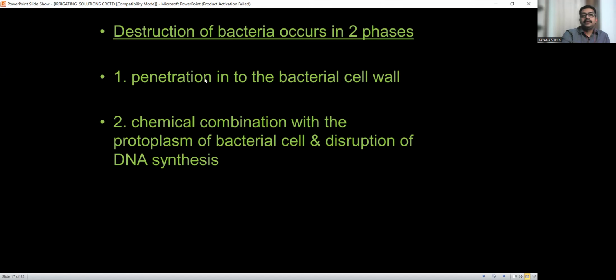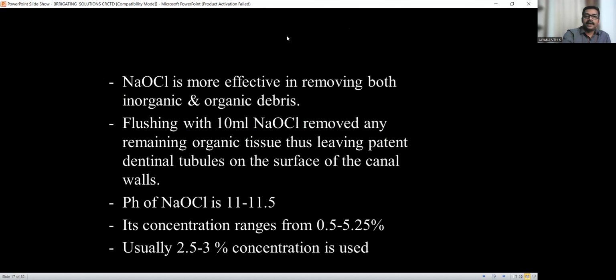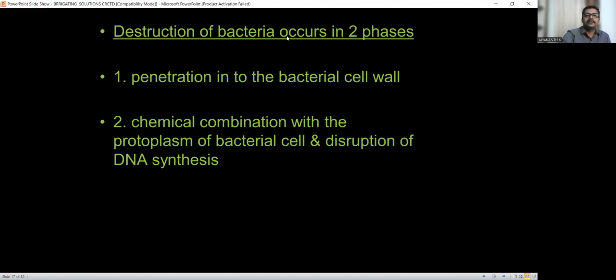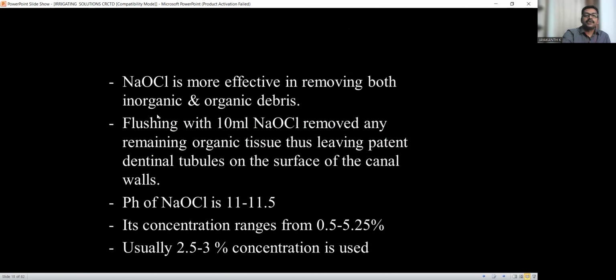If you look into the mechanism of action of sodium hypochlorite, the destruction of bacteria occurs in two phases. First, penetration into the bacterial cell wall. In the second step, chemical combination with the protoplasm of the bacterial cell and disruption of DNA synthesis. Sodium hypochlorite is effective in removing both inorganic and organic debris.